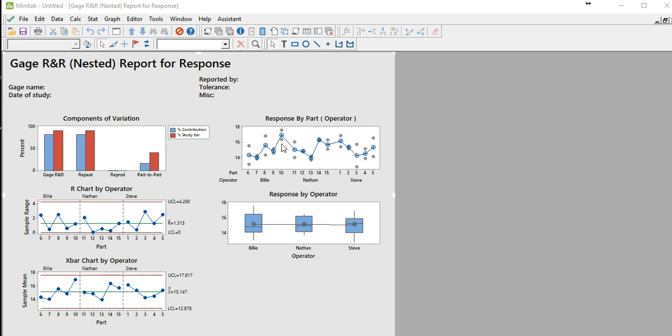If we look at the response by part, you can see there are 15 parts, 3 operators, and the measurements. You can see the measurement is not good, right? There's very large variation, so the measuring instrument is not good.